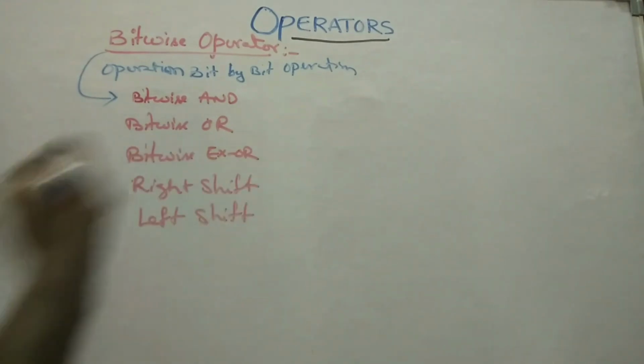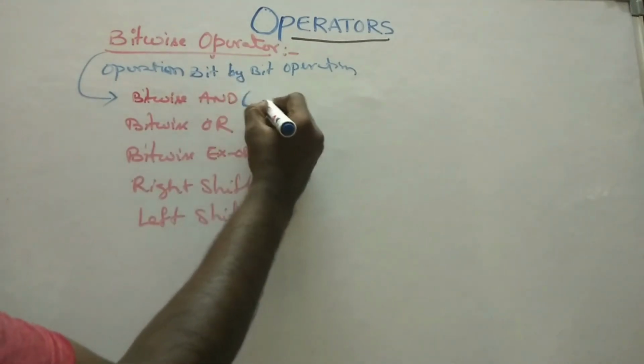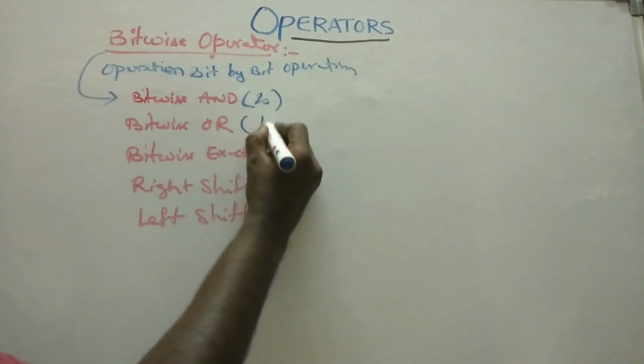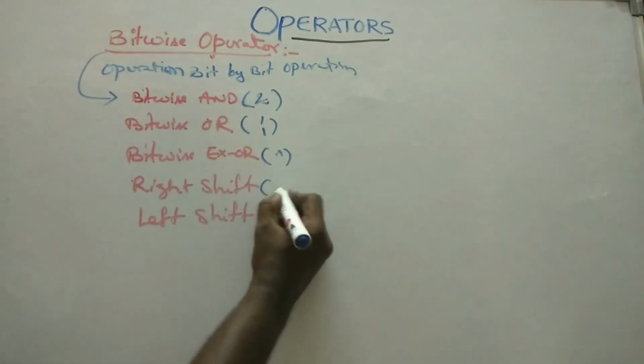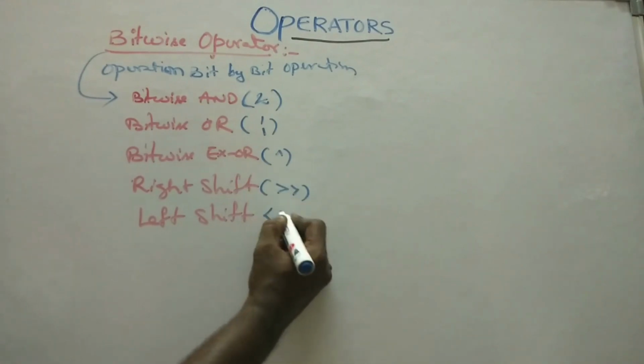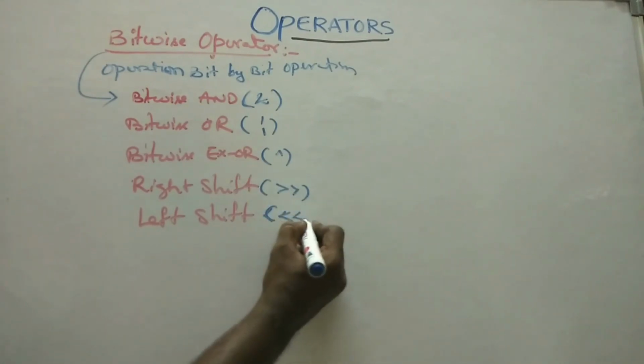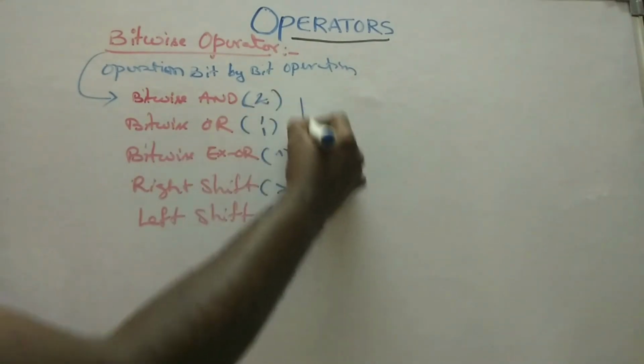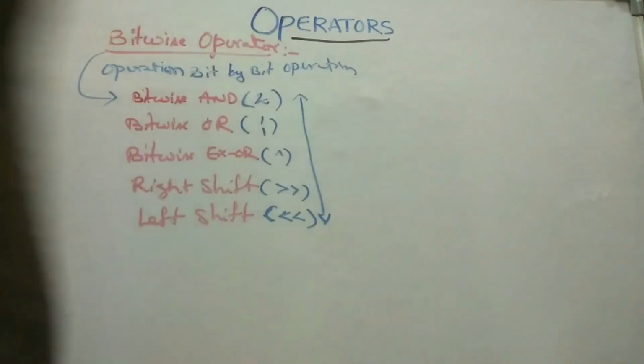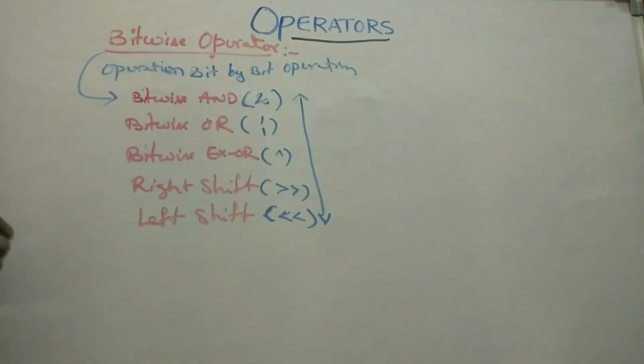The symbols are a single ampersand, one pipe symbol, the cap symbol, the angular symbol towards the right direction, and then left shift. These are the bitwise operators we are using. Now I will explain them one by one with examples.